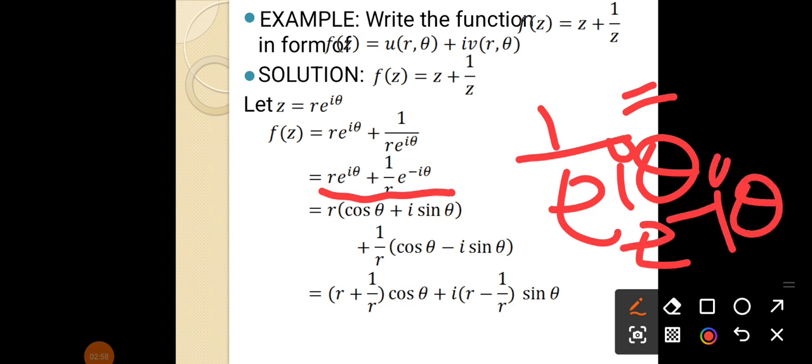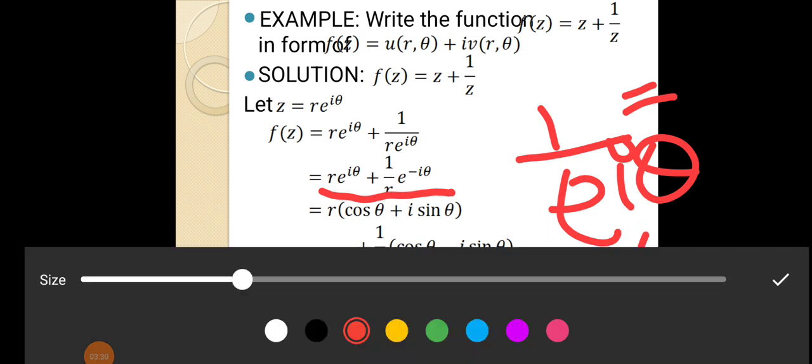Remember that if a number with a power is moved from the denominator to the numerator or from the numerator to the denominator, the sign of the power changes. It means if it is positive, it becomes negative, and if negative, then positive.